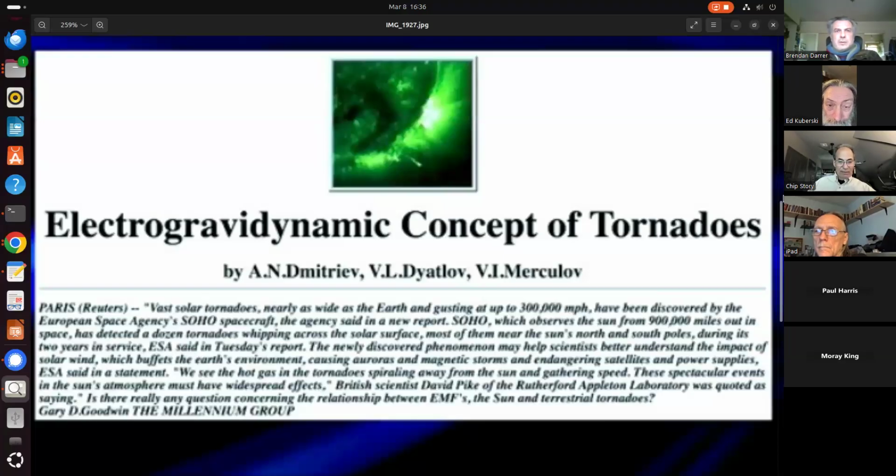The newly discovered phenomenon may help scientists better understand the impact of solar wind, which buffets the Earth's environment, causing auroras, magnetic storms, and endangering satellites and power supplies, ESA said in a statement.